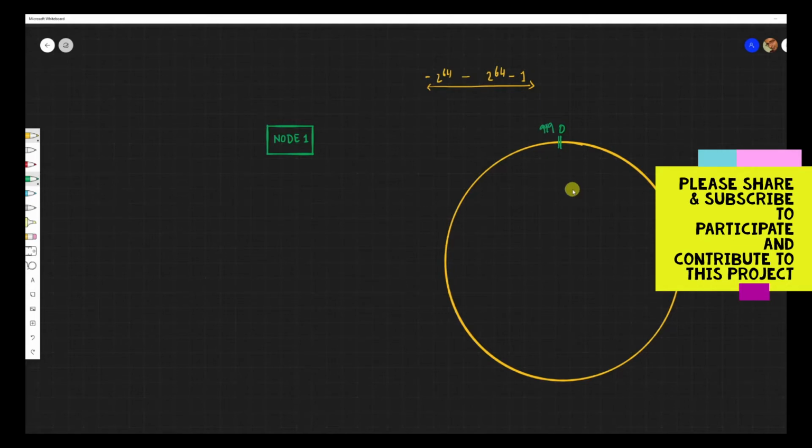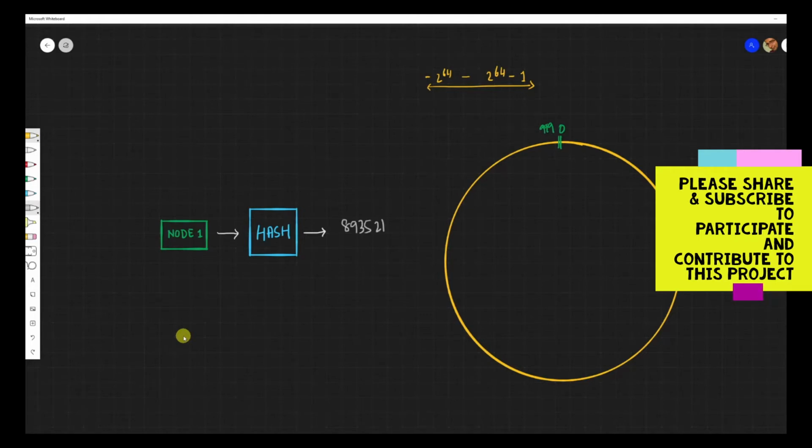So what we basically do over here is use a hash function. Each of the nodes that we talked about is passed through this hash function, and it produces a number which is pretty big. Let's say a number like 893521167, something like this, a very big number.